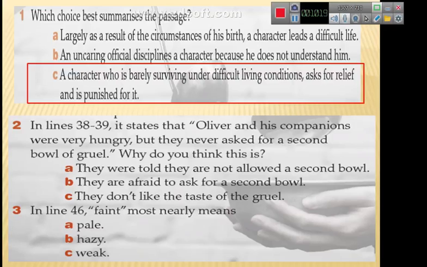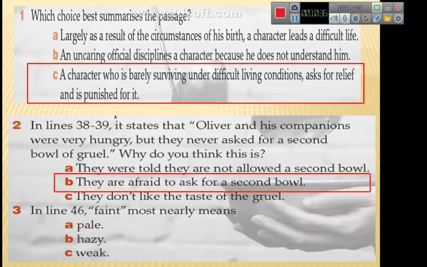Question number 2, in lines 38 and 39, it states that Oliver and his companions were very hungry, as usual, but they never asked for a second bowl of gruel. Why do you think this is? They are afraid to ask for a second bowl. In line 46, faint most nearly means weak, because they are talking about his body.